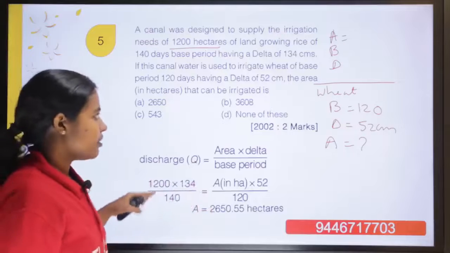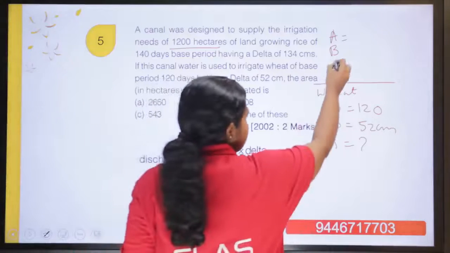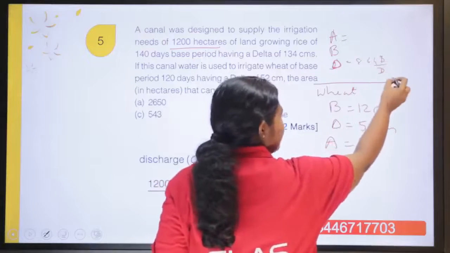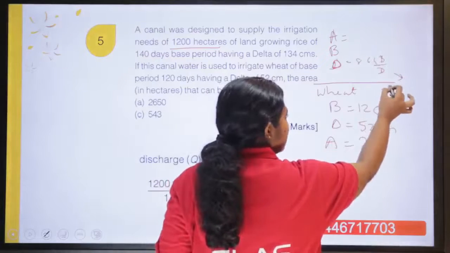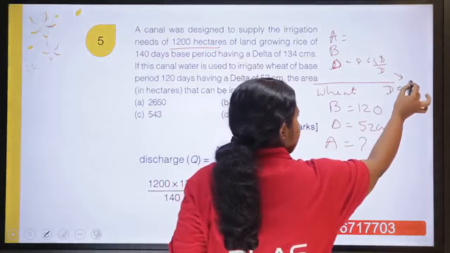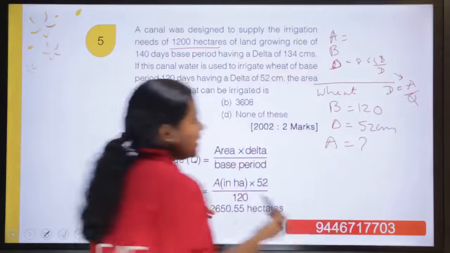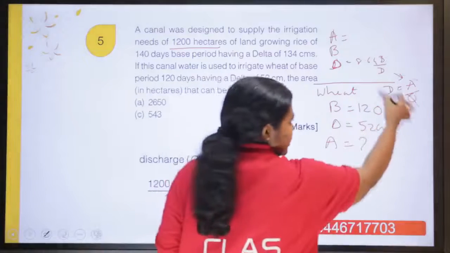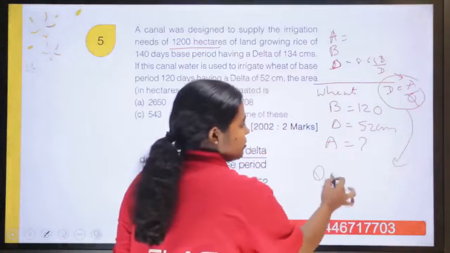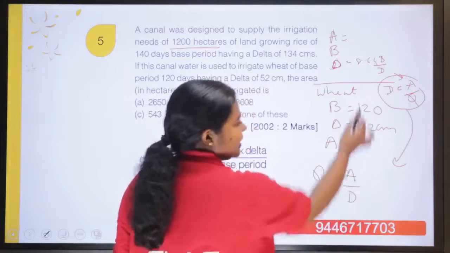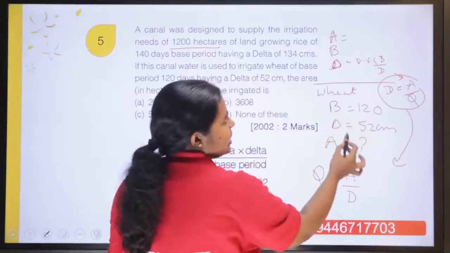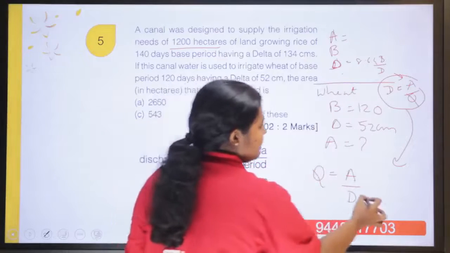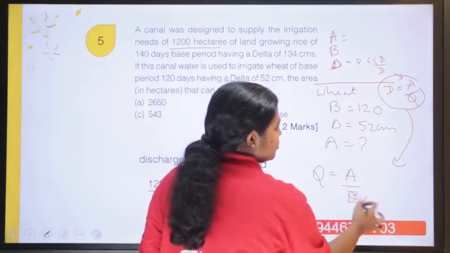Or I can say that delta is equal to 8.64 B by D, and also we know that duty is equal to area by Q. So from that we will ultimately get the value of Q. From this equation I know that Q is equal to A by D, and D will be equal to 8.64 B by delta.